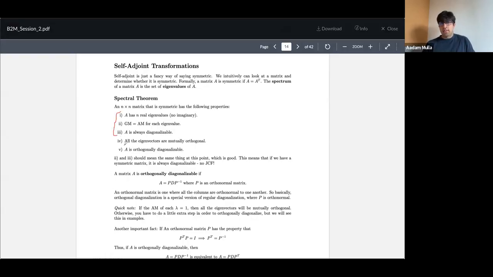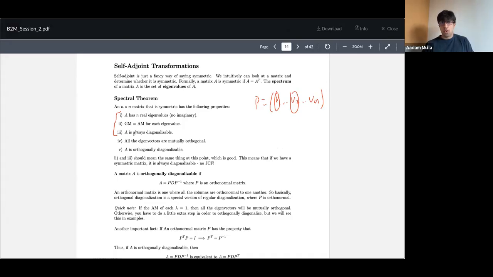There are two additional things that are new to our unit. All the eigenvectors are mutually orthogonal. This is also great. That means that when I form my P matrix and put V1 and V2 all the way to Vn, these are naturally going to be mutually orthogonal. This is a bit of a lie here. Not always.